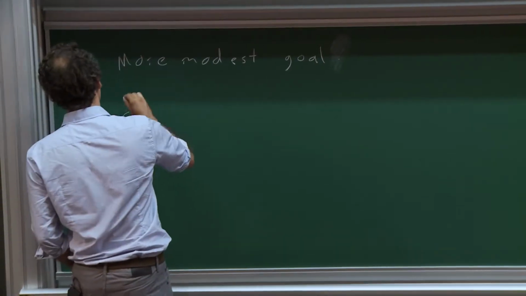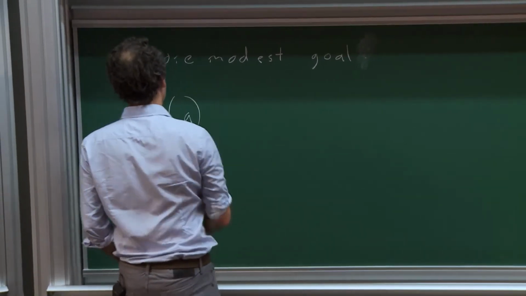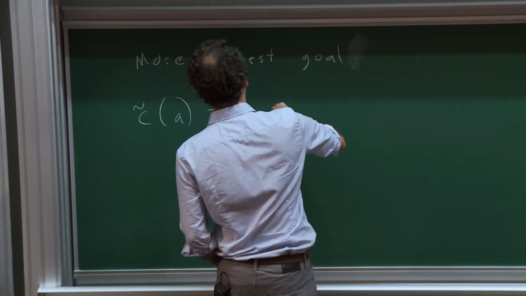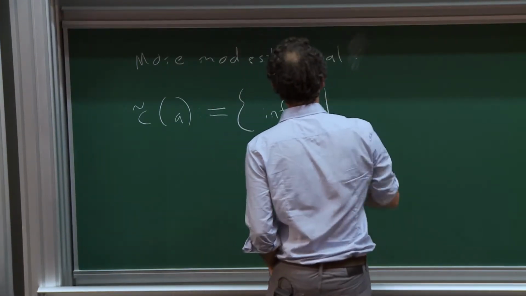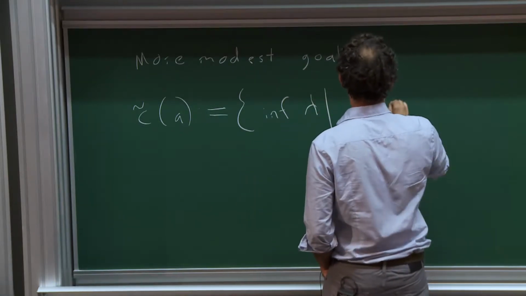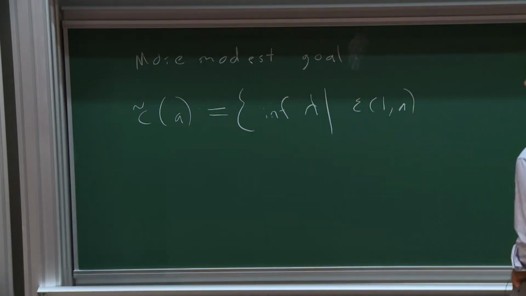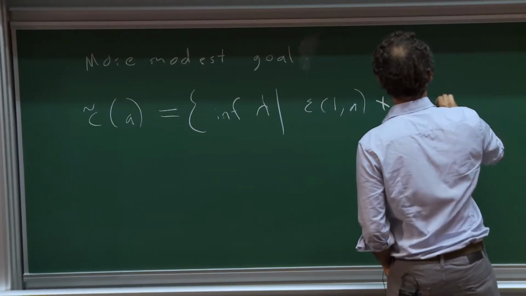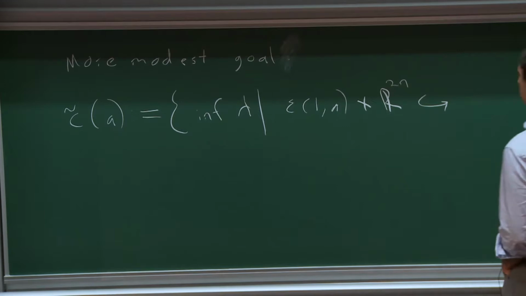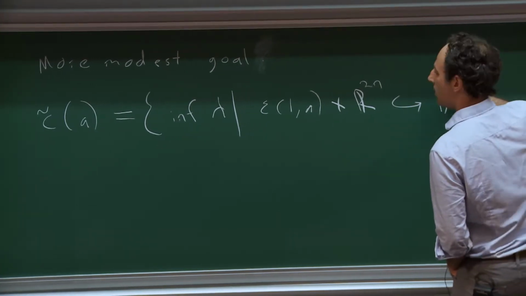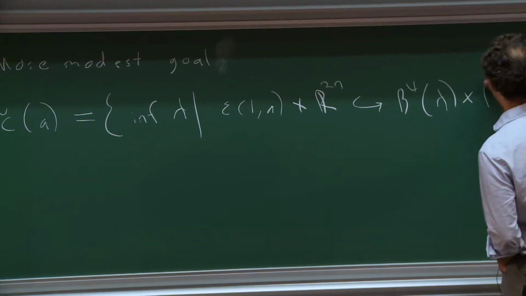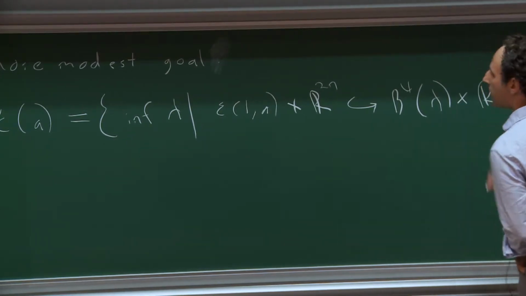We define c-twiddle of a to be the infimum over lambda such that an ellipsoid crossed with R^2n symplectically embeds into a 4-ball of size lambda crossed with R^2n.